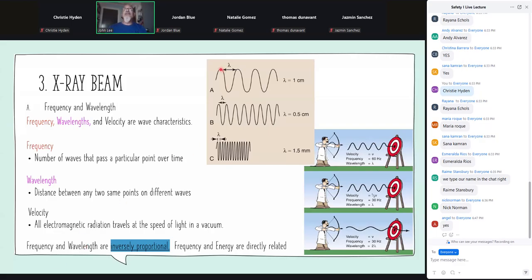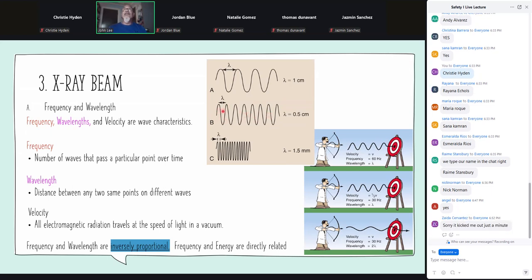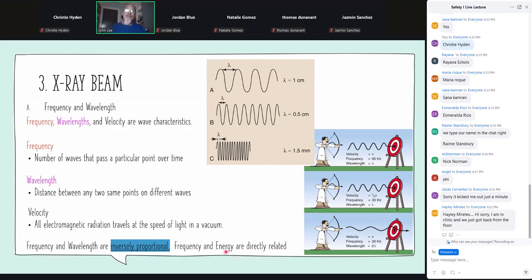So if we measure from this crest to the next subsequent crest, that would equate to a wavelength. As the frequency increases, the wavelength will get smaller. So we have an inversely proportional relationship between frequency and wavelength. And if frequency and energy are directly related, we have an inverse relationship between energy and wavelength as well.